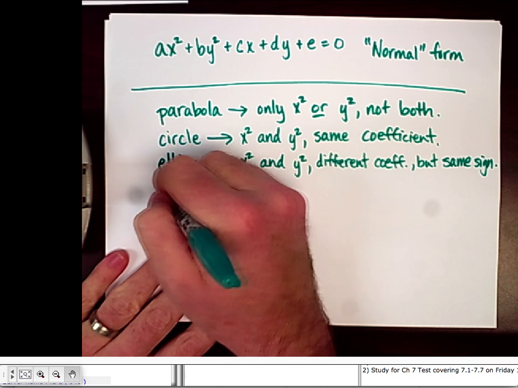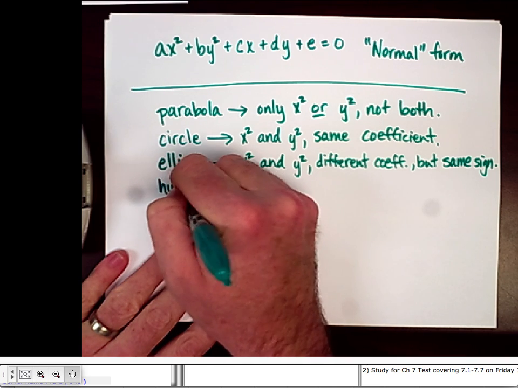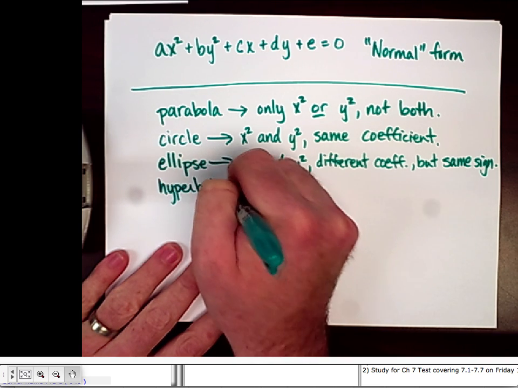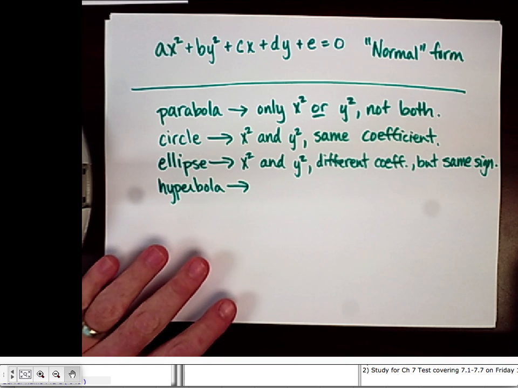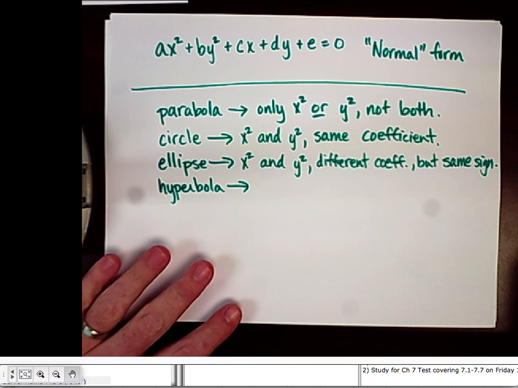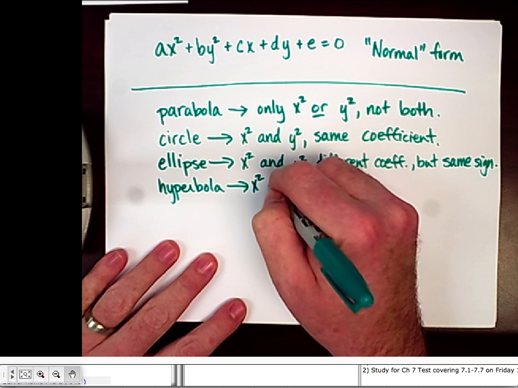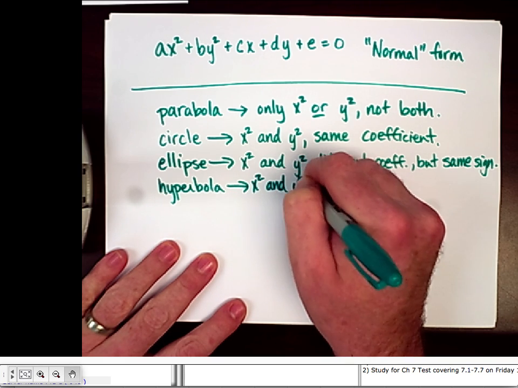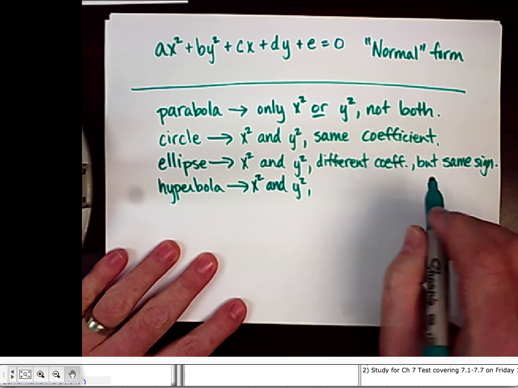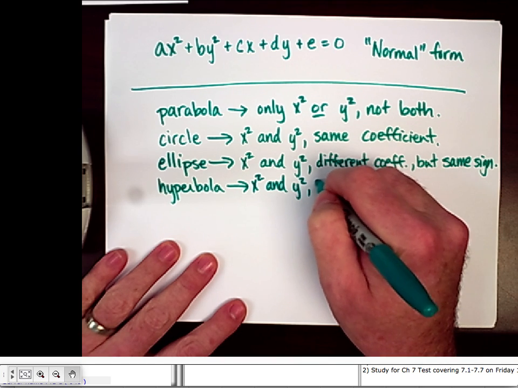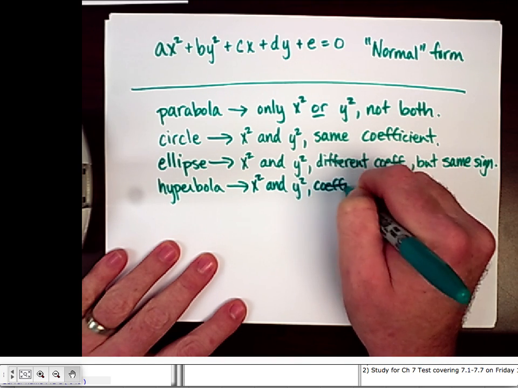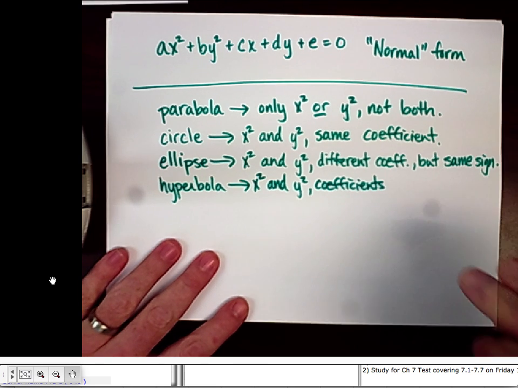And then finally, hyperbola that we just learned today. What do you think that one is? So x squared and y squared. I don't know why the camera just went blank. Okay.